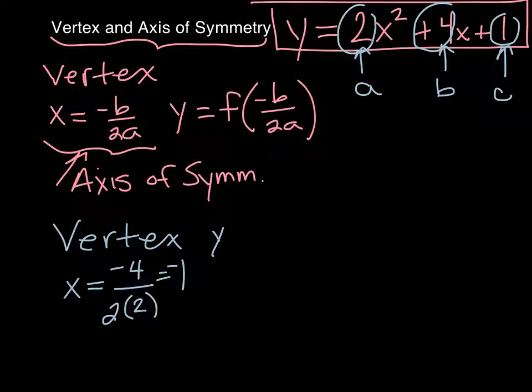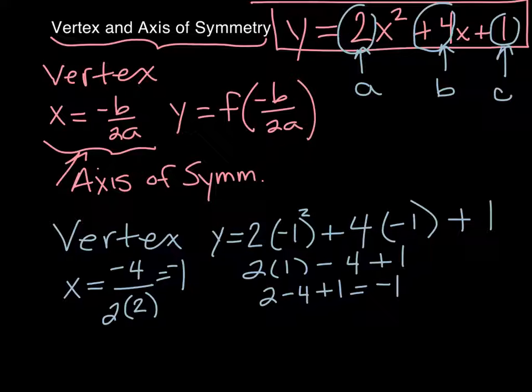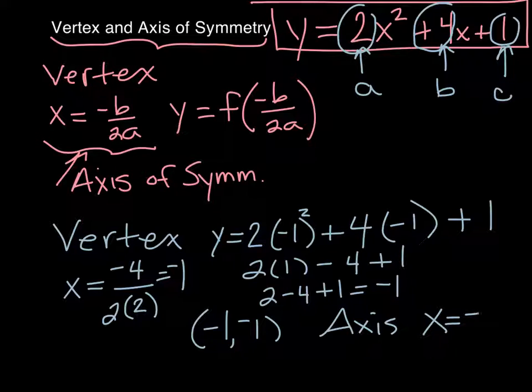To find the y-coordinate, I'm actually going to plug negative 1 into my equation, and I'm going to get 2 times 1 minus 4 plus 1, and 2 minus 4 plus 1 is equal to negative 1. So my vertex is negative 1, negative 1. And my axis of symmetry is x equals negative 1. That comes from this x-coordinate here.